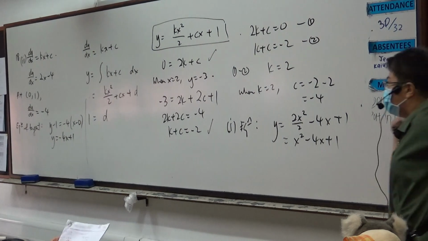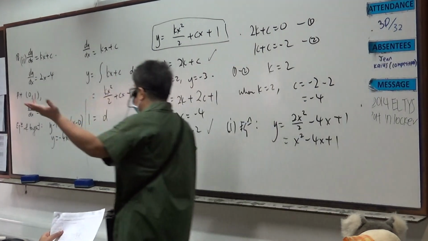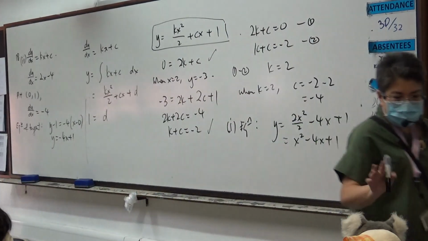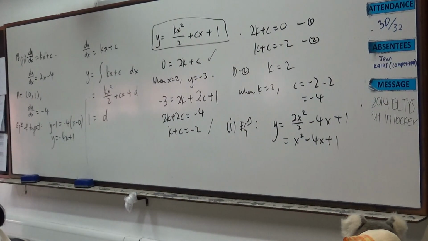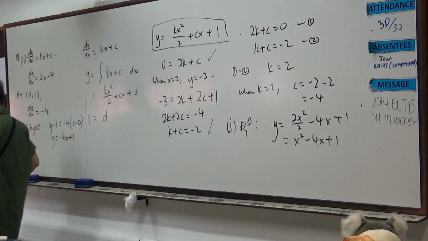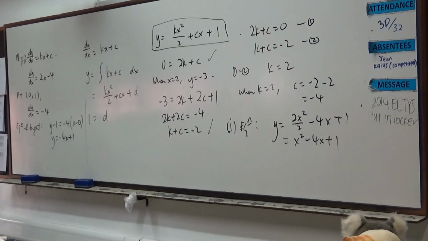Alright. When you're done, can you pass forward your 16.1? I'm going on to the simple type of 16.2 first. Okay, 16.2 is integration of trigo.